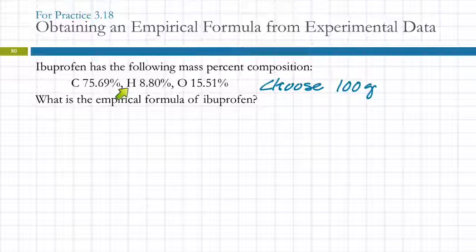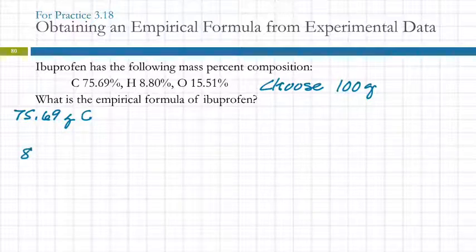So all I have to do is, instead of writing percent, write gram: 75.69 grams of carbon, 8.80 grams of hydrogen, and 15.51 grams of oxygen.